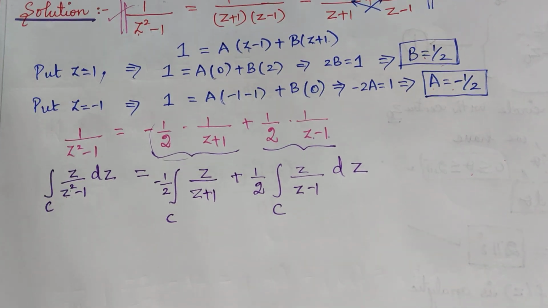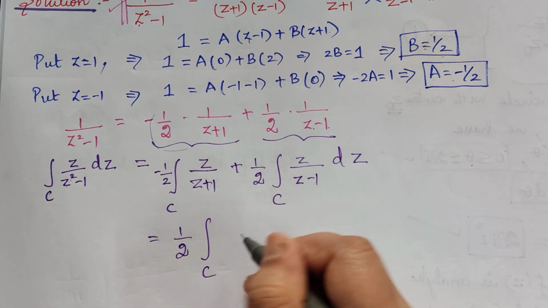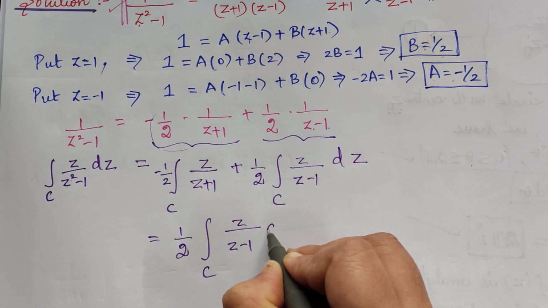Rewriting this properly, it is equal to 1 by 2 integral over C, writing this term first, z by z minus 1 dz.